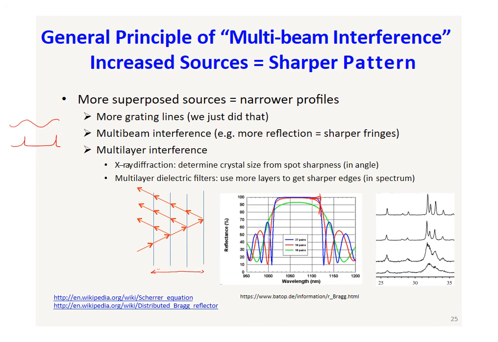In this example, we're looking at a mirror that's being created with 10, 18, and 27 pairs of thin films stacked together. As the number of pairs increases, you can see that the blurry spectral response of the reflectance turns into a much sharper spectral response.